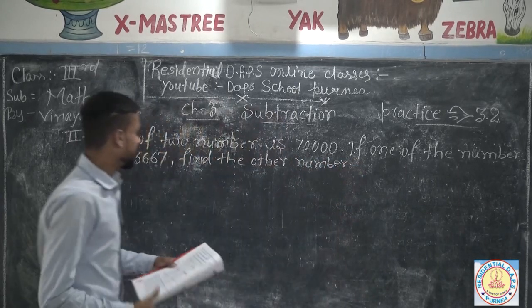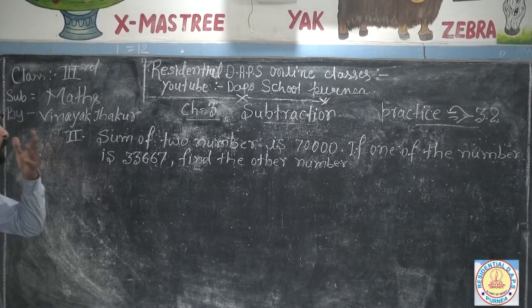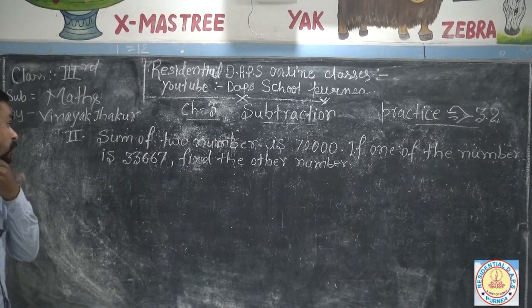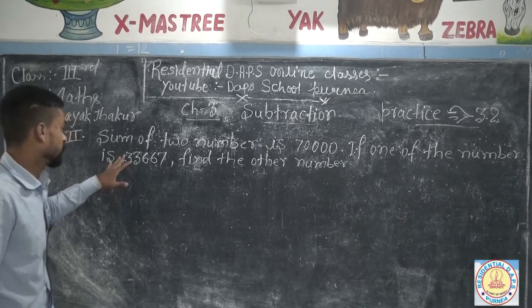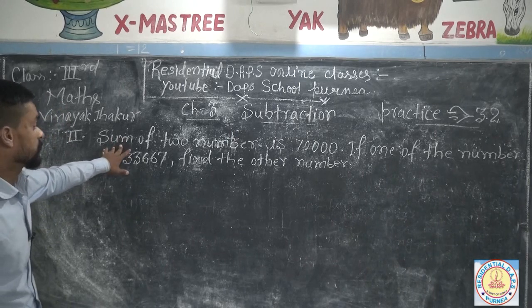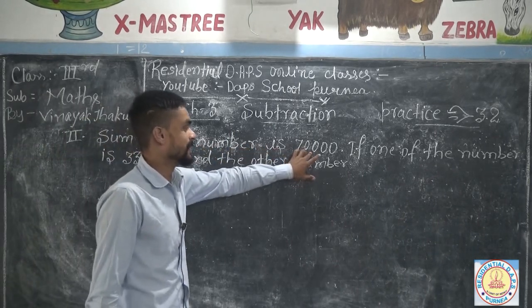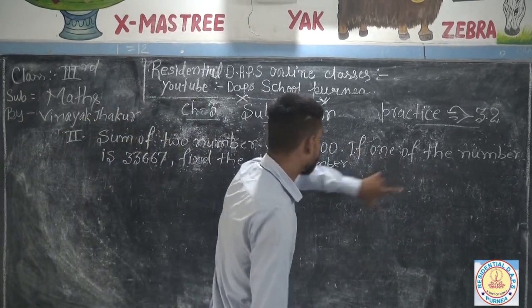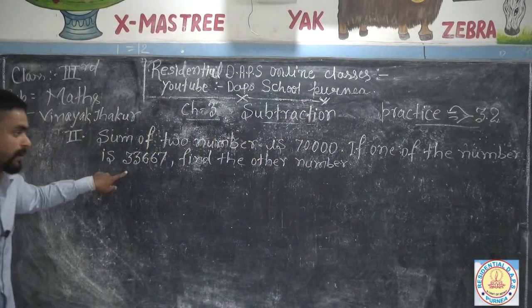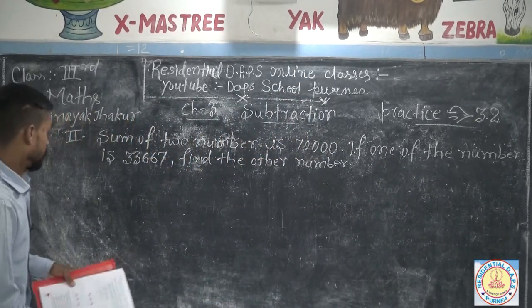So guys, look here, this is your question. You have to find out. Here it is given that the sum of two numbers is this, and if one of the numbers is this, you have to find the other number.